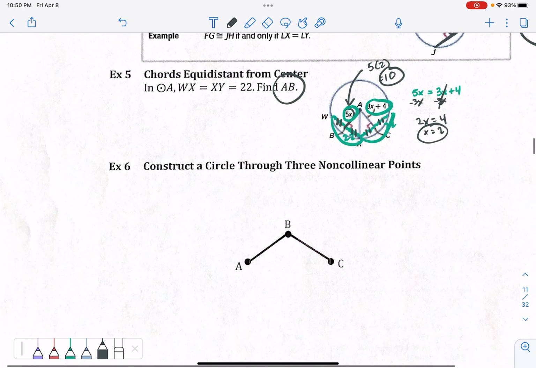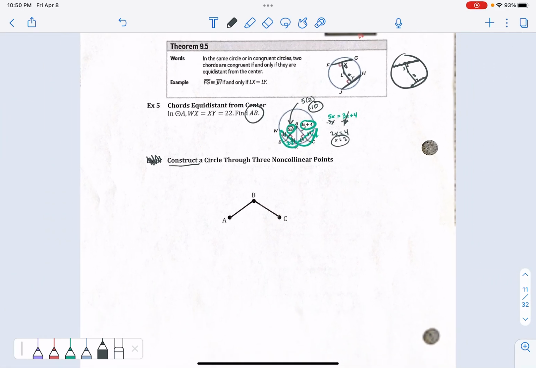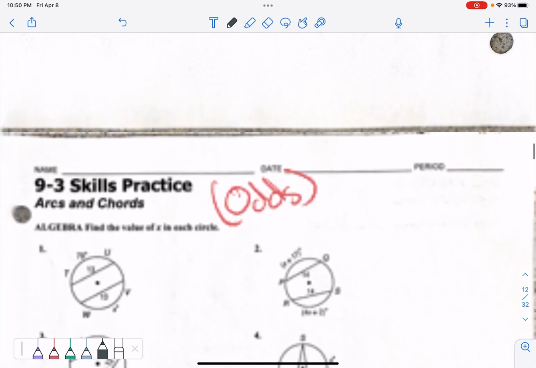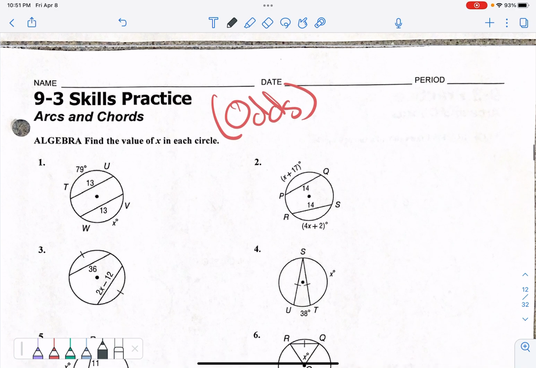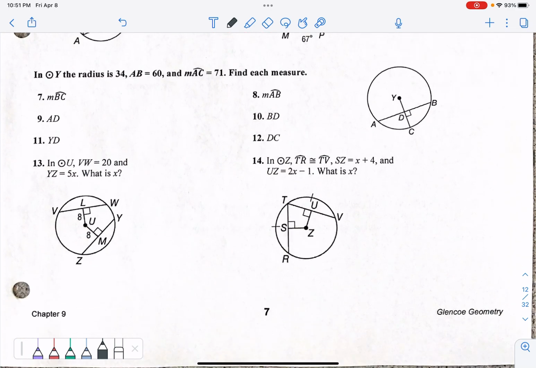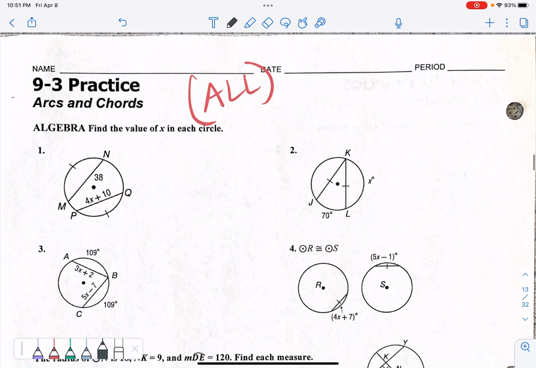I'm not going to do example 6 with you because to construct, we would have to use compasses and all that good stuff, and I can't do that while I can't see you. So we'll stop with example 5, but on the homework, on skills practice, do odds for 9-3, and on practice, do all of them.